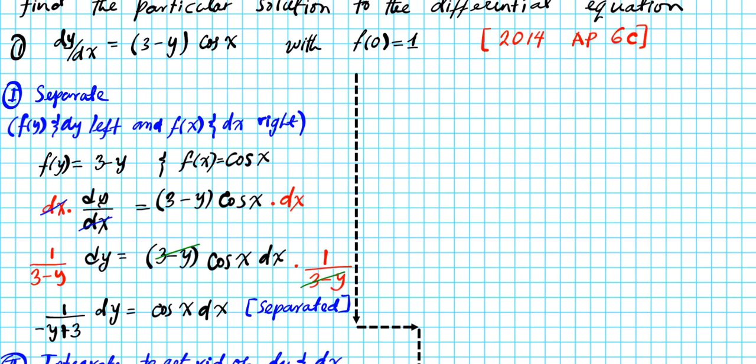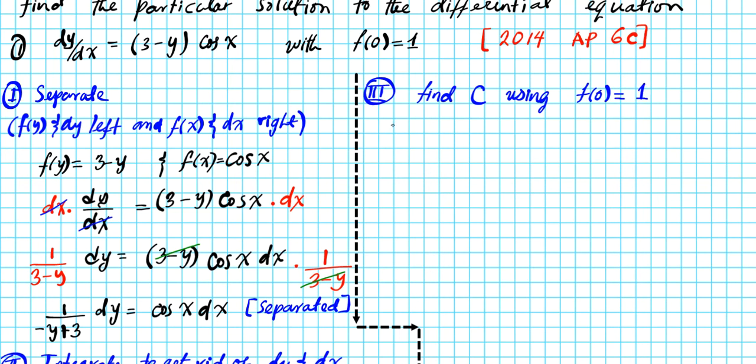In order to find the particular solution, the first part will involve determining the value of c. So let's indicate what our next step is, part 3 of the whole problem solving process. We're to find c. Now, how do we find c? We're going to use the initial condition, F of 0 equals 1.